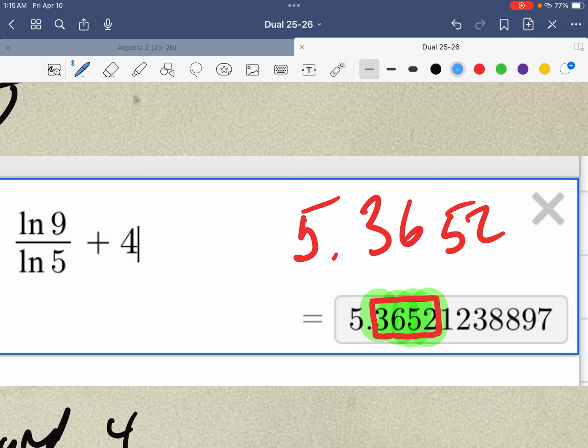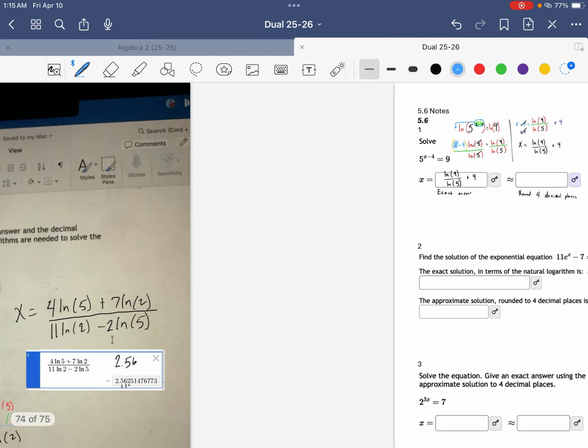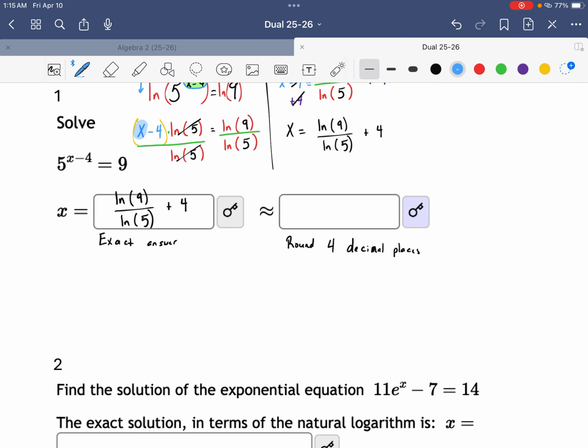Check the fifth number. If that number was a 5 or bigger, the 2 would become a 3. But since it's not bigger than a 5, then you leave it alone. So the answer is 5.3652. And that's the answer that goes here.